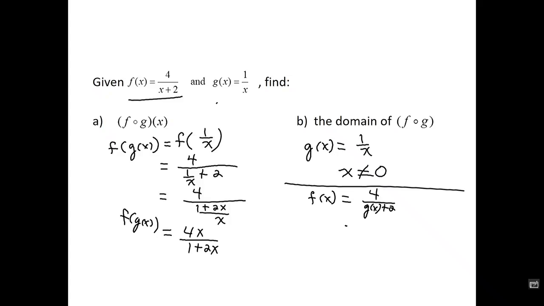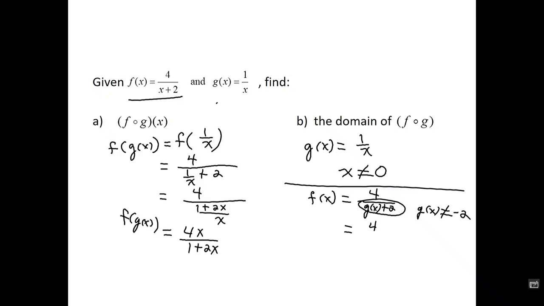And as you see here, this is 4 over, so in other words, if I just stop here and look at this, I know from this, whatever g of x is, I know that g of x cannot be a negative 2. G of x cannot be a negative 2. All right?